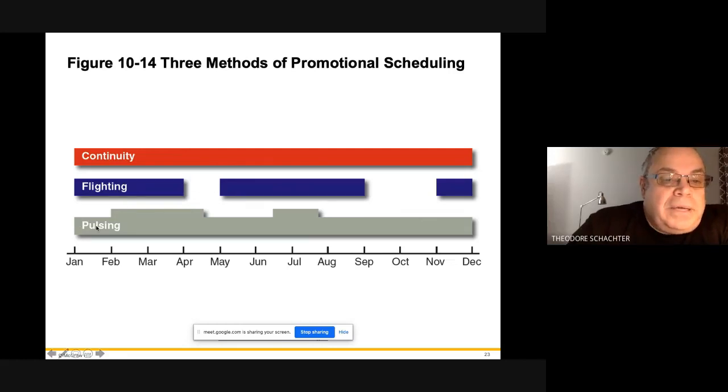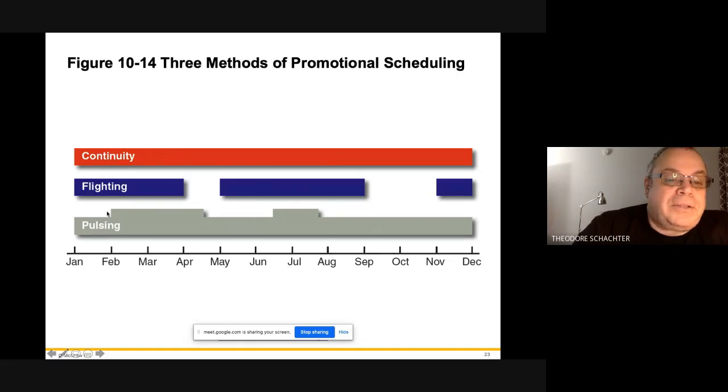In contrast, there are products that sell the same all year round. So let's say Snickers bars. But then there are times of the year when Snickers bars or candy, let's say, sells more. Valentine's Day, the holiday season. All right. So what happens with pulsing is you're going to run your same budget, the same as in continuity. However, there are going to be times throughout the year when you're going to increase the budget.